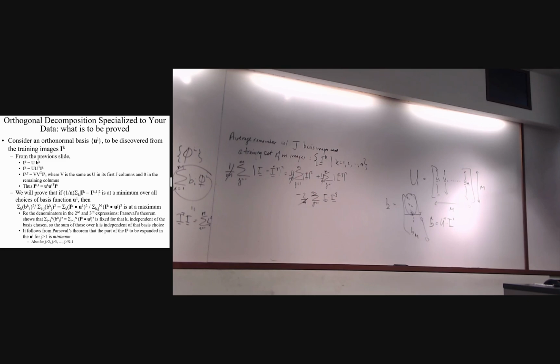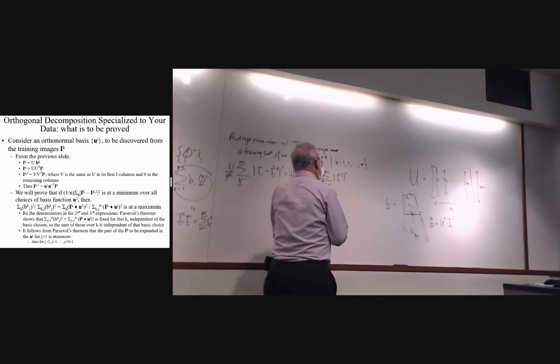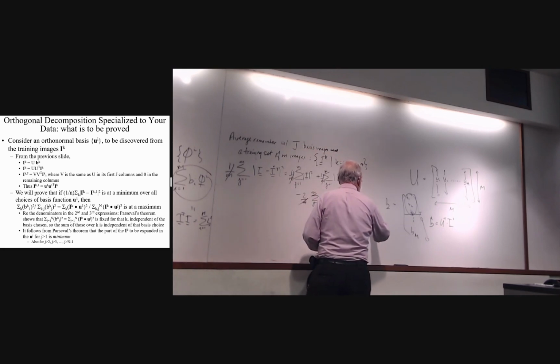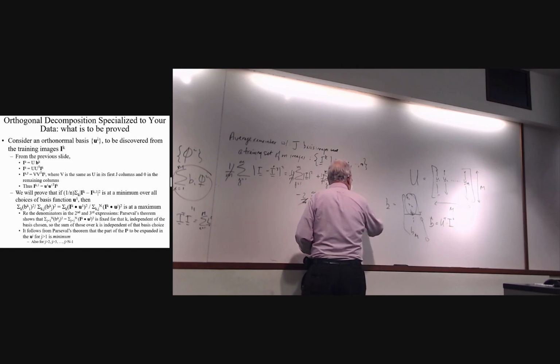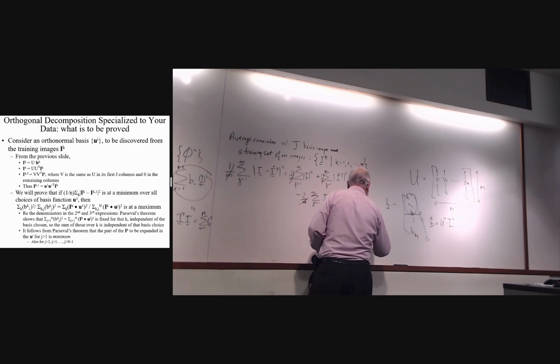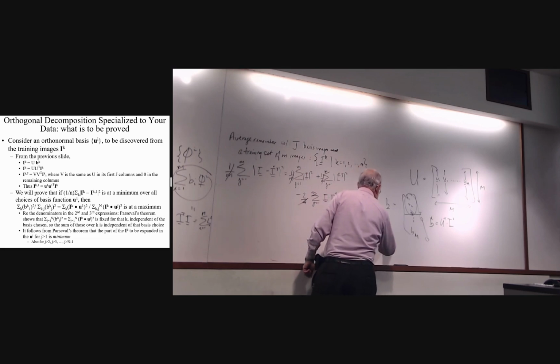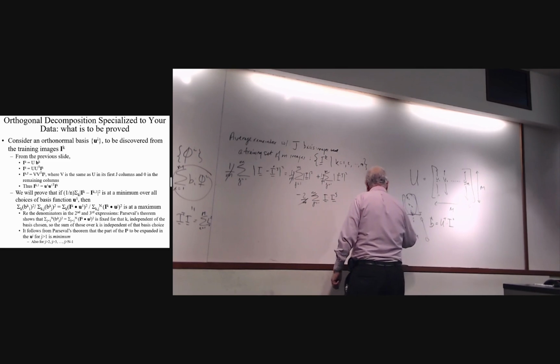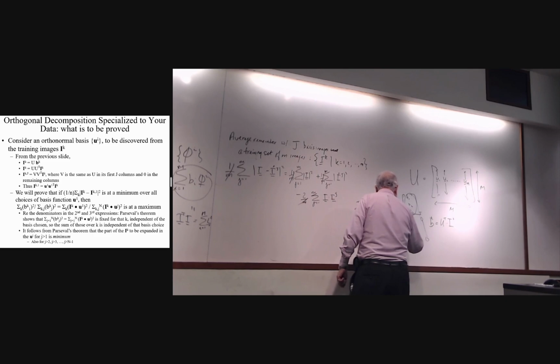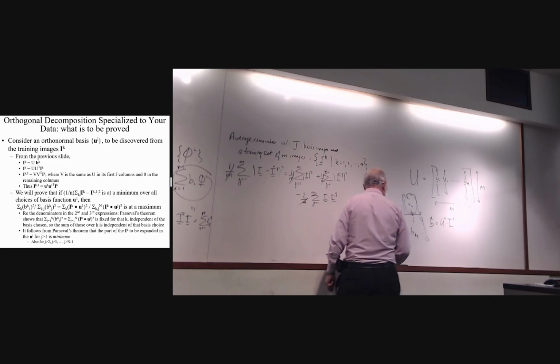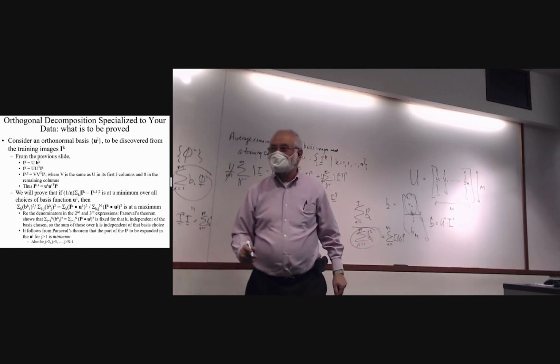So if you look at the ratio of the sum of b_i squared from i equals 1 to J, divided by the sum from i equals 1 to M of b_i squared, which we've also shown is equal to the sum from i equals 1 to M of the image pixels squared.